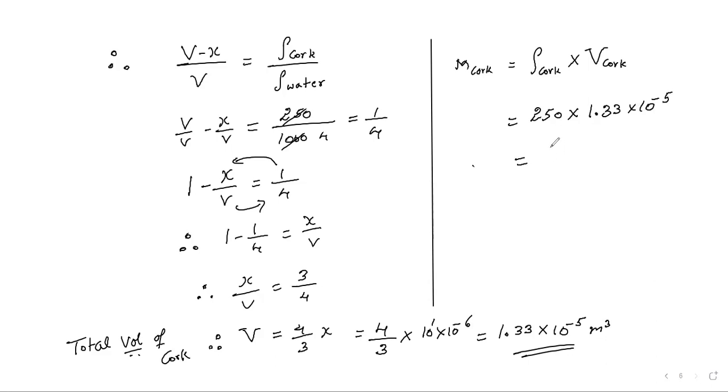So the mass of the cork, just multiply them. 1.33 into 250. So I'm getting 332.5 into 10 power minus 5 kg. This is the mass of the cork.